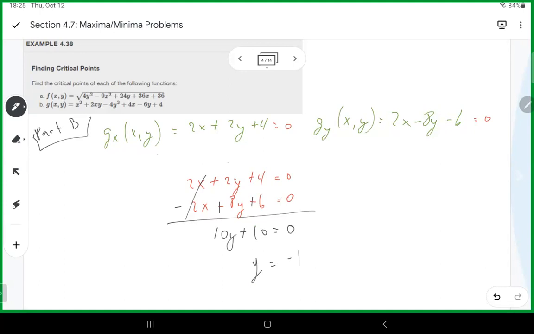And then if we sub back in, we get that x is also equal to -1. So we have -1, -1 is the critical point of G. And then there are no points that would cause the partial derivative to not exist. So you can add that if you want. There are no points.